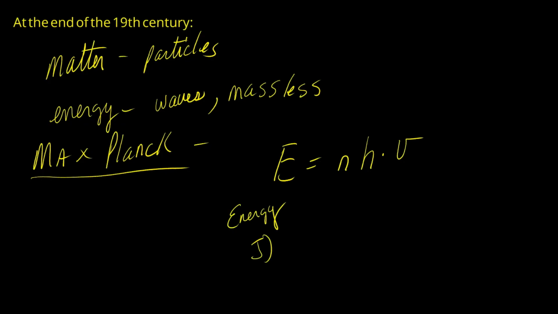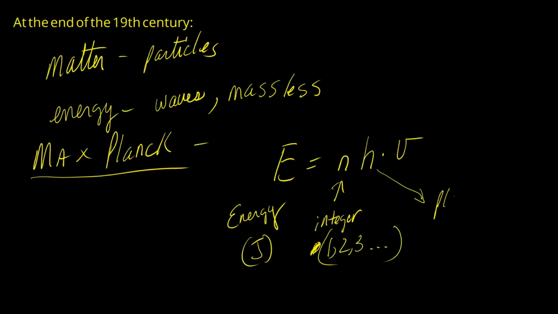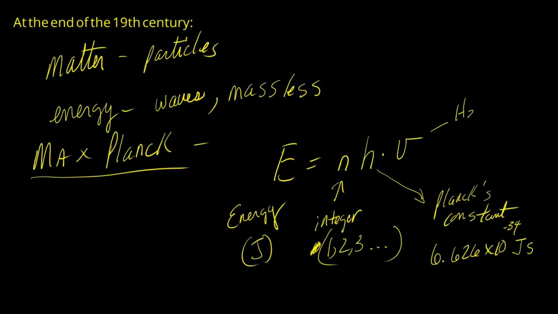So energy in joules, this is just an integer, like 1, 2, 3, etc. Okay, this is called Planck's constant, 6.626 times 10 to the negative 34 joule seconds. And then frequency here is measured in hertz.